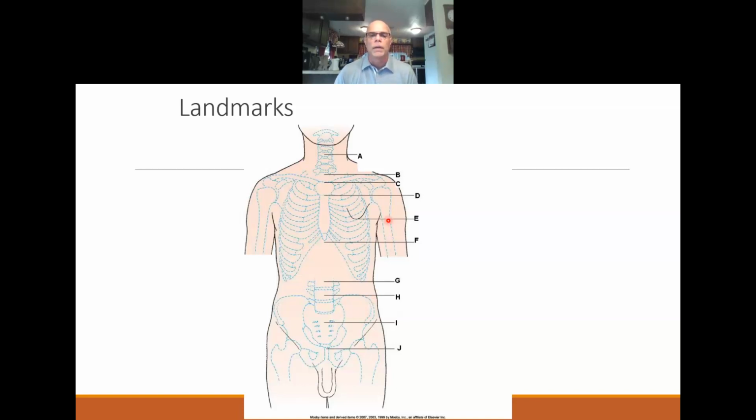And the other one that I want you to be aware of is J. And again, that is called the pubic symphysis. Very important that we include the upper margin. Notice how it's kind of wide, about 1 inch wide. But for our KUBs and our abdomens, we have to demonstrate the very top margin of the pubic symphysis.